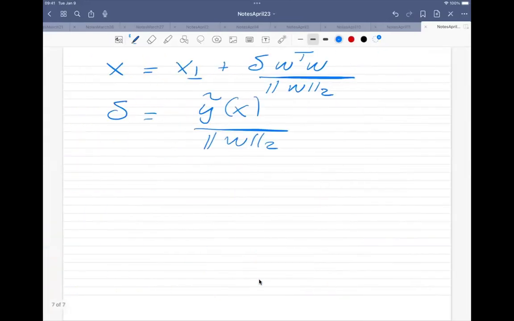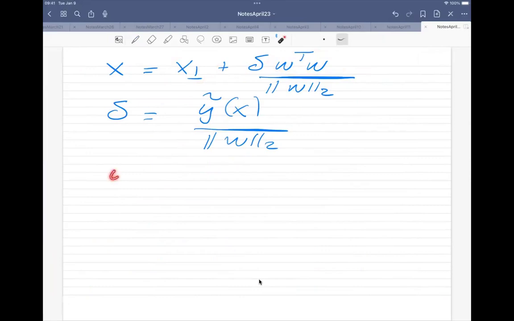And then we can construct the final x in terms of a vector which is orthogonal to the separation surface, or separation line or decision surface, and a point here where the value of y tilde is exactly equal to 0, which is for that specific point.